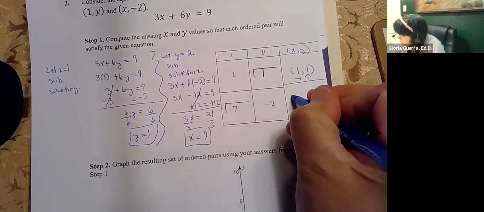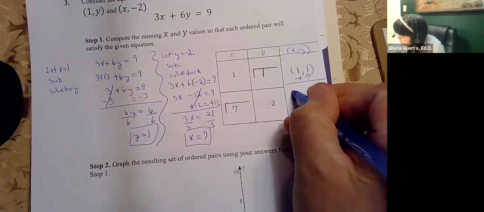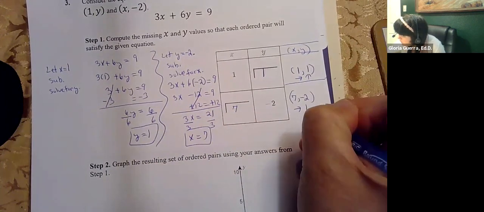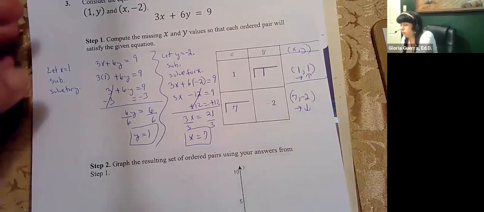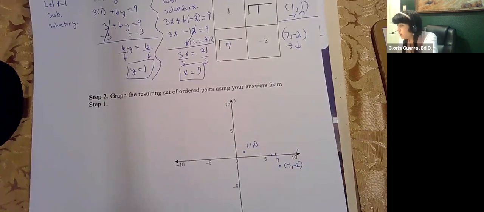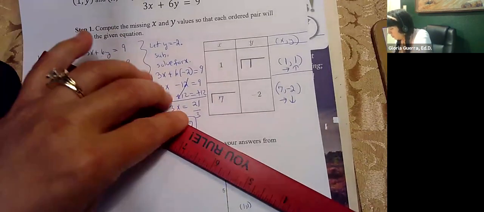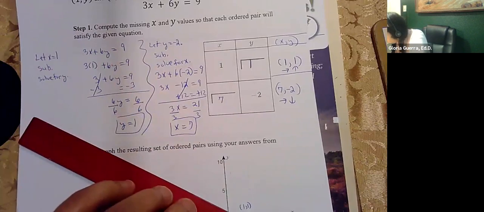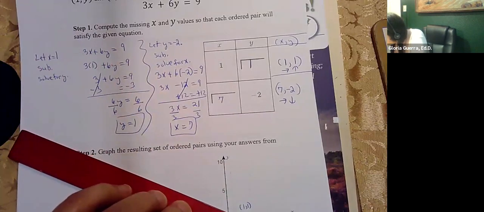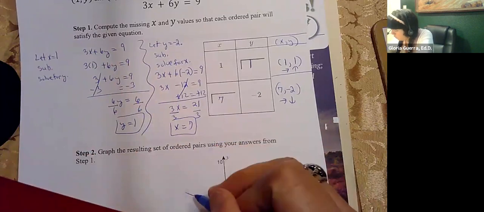So you have the coordinates 7, negative 2. So this says you go to the right 7 and you go down 2. So from the origin, you go to the right 7 and you go down 2. And then these lines are part of the equation, so you would connect those points as best as you could with a ruler.